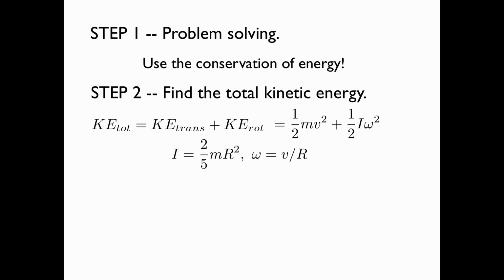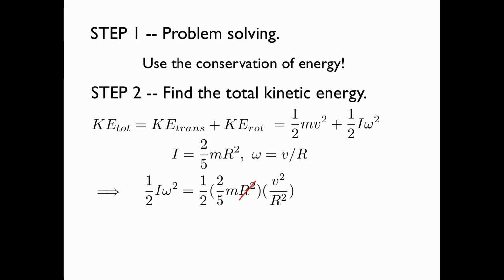For a sphere, I equals 2/5 mr squared and omega equals v over r. This implies the 1/2 I omega squared, the rotational kinetic energy, can be written in this form if we plug in the expression for I and the expression for omega.